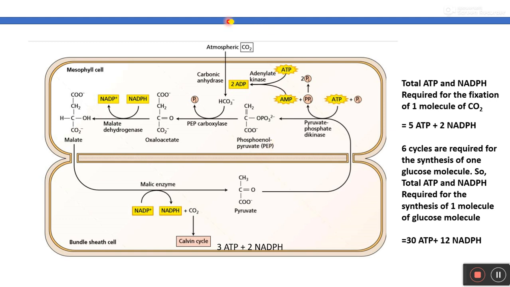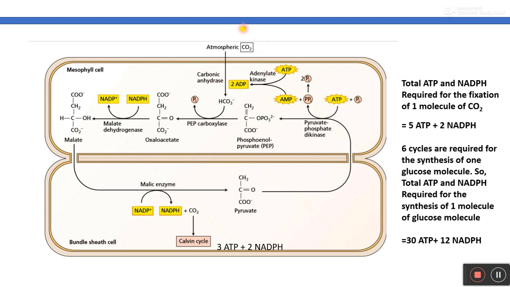Now I would like to discuss the C4 pathway or Hatch-Slack pathway in detail. Here in the C4 pathway, CO2 fixation takes place twice. First CO2 fixation takes place in the mesophyll cell, and the second CO2 fixation takes place in the bundle sheath cell.